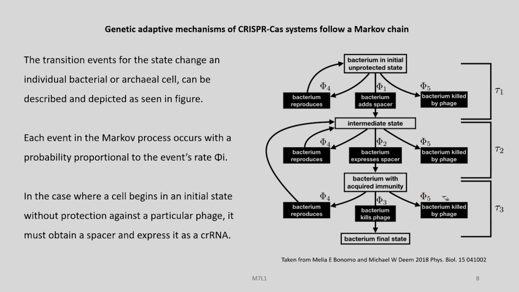So which means the immunity, although it has been in the stage of acquisition, is not yet getting expressed properly and the organism is still being killed, but after this stage it enters a final stage where the immunity against the invading virus becomes permanent, and in this case the bacterium kills the phage.